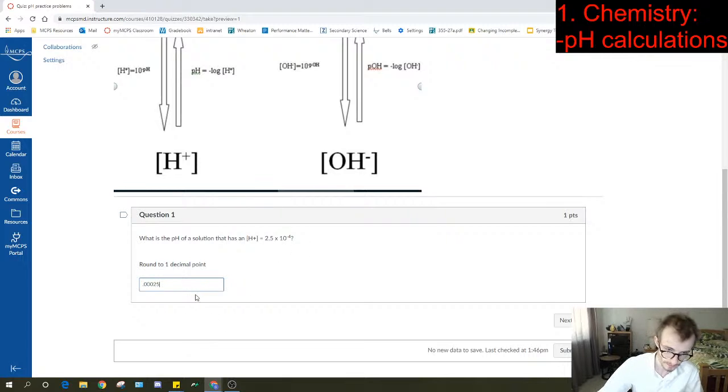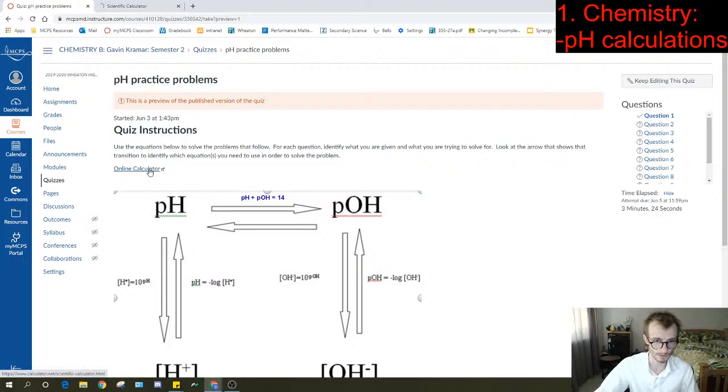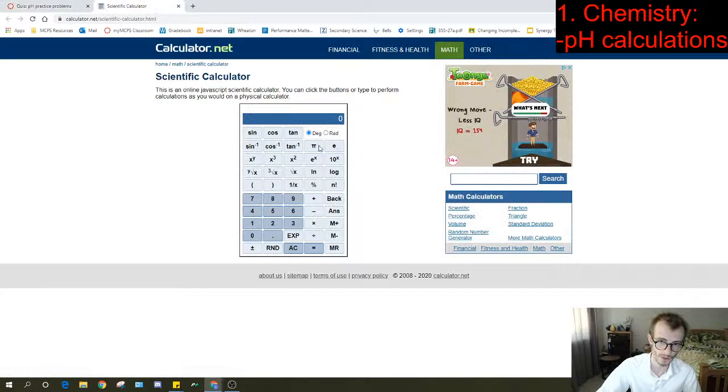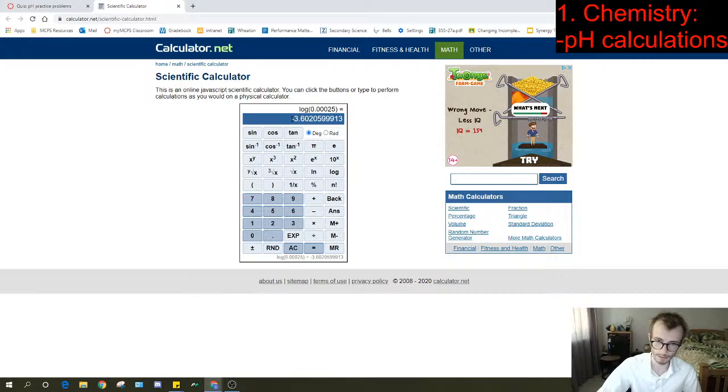That's fine. Okay, 0.00025. So what I do instead is I can open up this calculator. There's a link here, which pulls up a calculator. And imagine I just took the log of that number, 0.00025. It gives me this number, negative 3.6, and there's a bunch of other stuff, but I can ignore that other stuff.